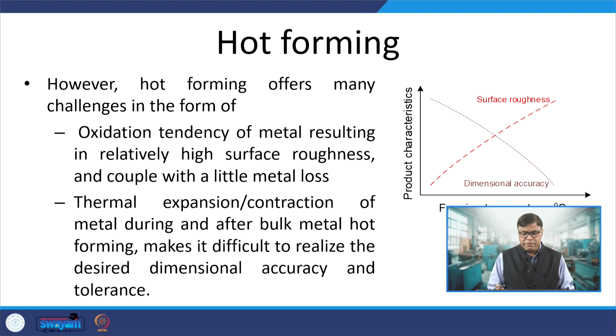When hot forming is done, the metal will be heated to high temperatures, and if it is done under ambient conditions, then the metal will react with the ambient gases like oxygen and nitrogen, and oxides and nitrides will be formed at the surface.